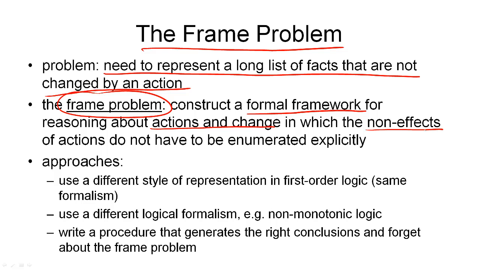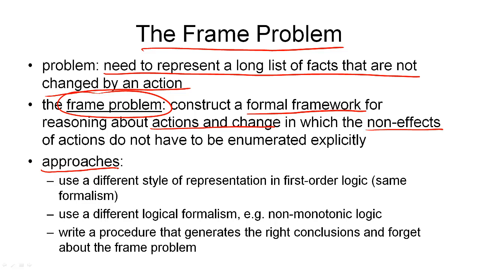The formal framework that was used originally was first-order logic and using theorem proving as a problem-solving technique. And the specific set of relations and functions that were used to represent operators in first-order logic are known as the situation calculus.